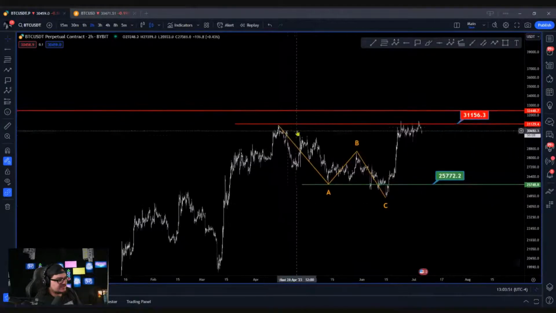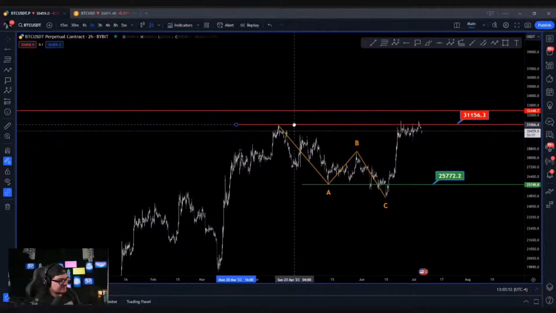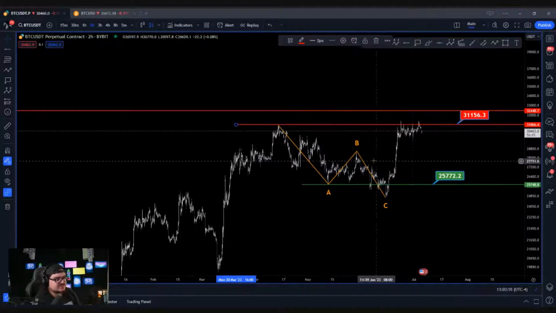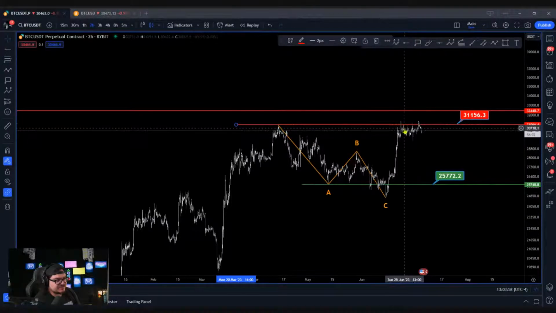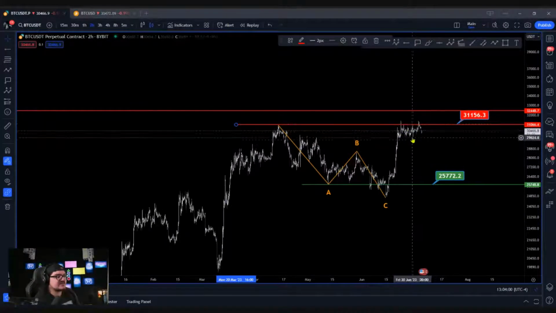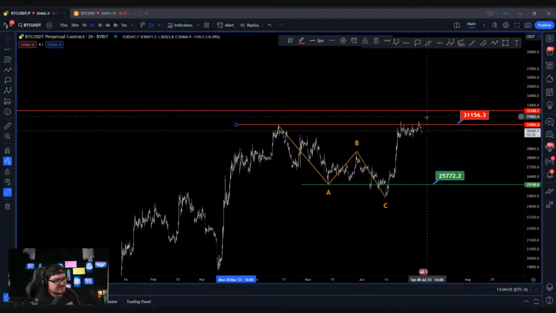So going back, we do have the top of this previous A wave here, which is around 31,000, where you can see we're fighting at the moment. We tested it a couple times, got rejected, and we're still trying to figure out whether price is going to push through or not.